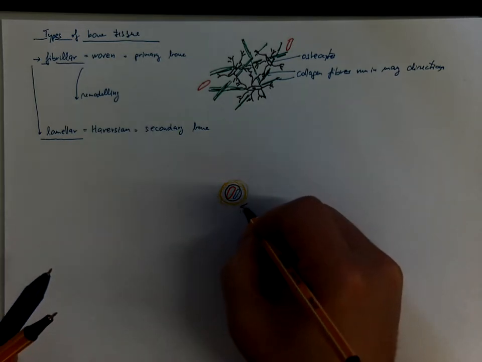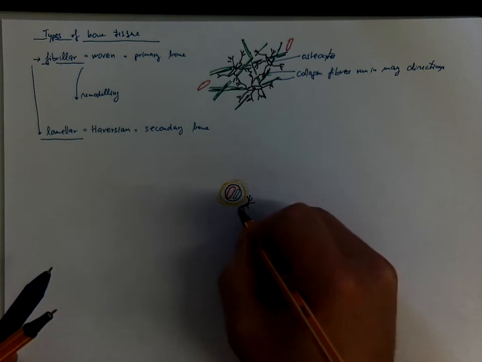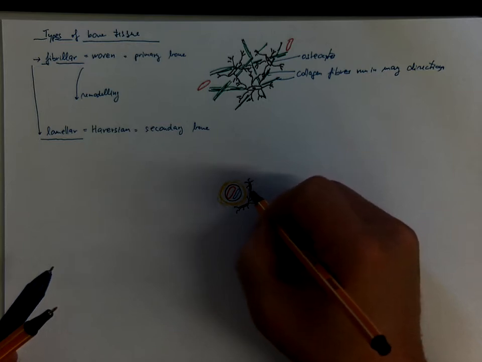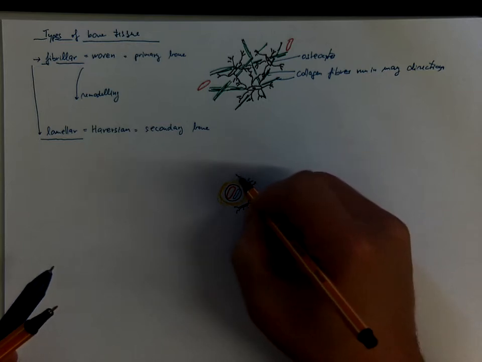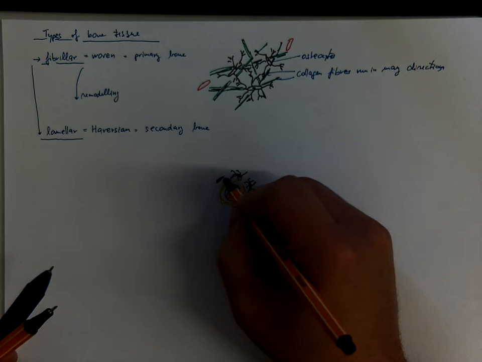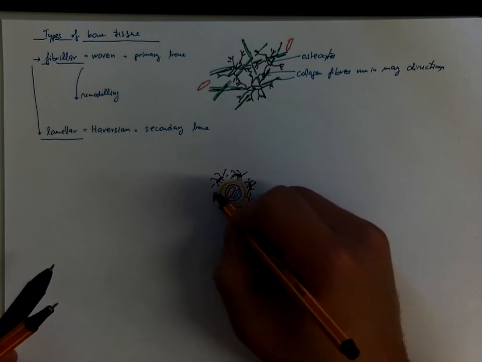Then you have the bone cells, so the osteocytes, which are arranged in a concentric manner that surrounds this central vascular canal.